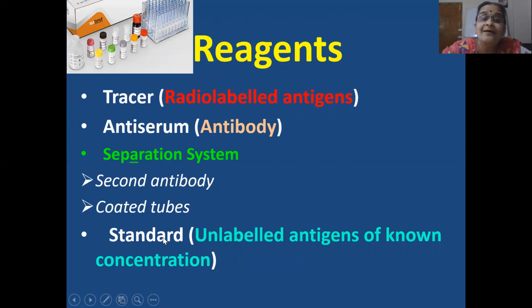Now the standard is the unlabeled antigens of known concentration, used in different aliquots. Different aliquots can be prepared to get different known concentrations of unlabeled antigens. They are also called cold antigens.